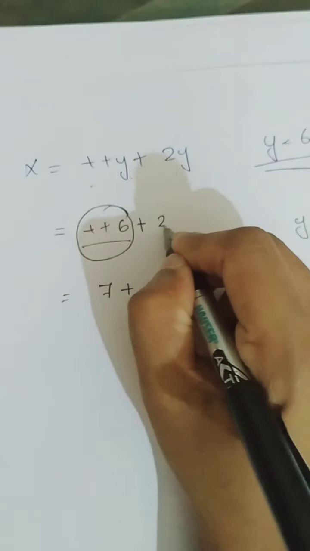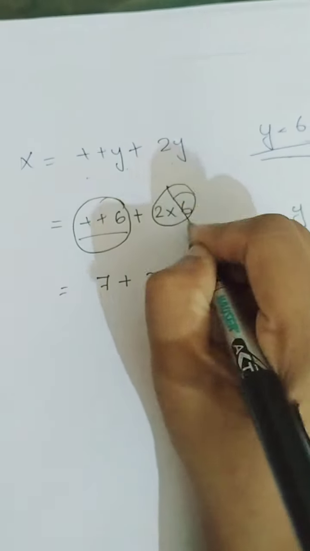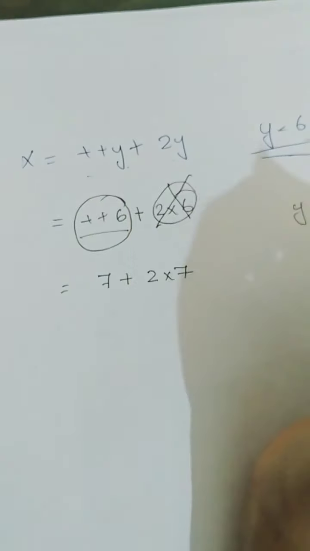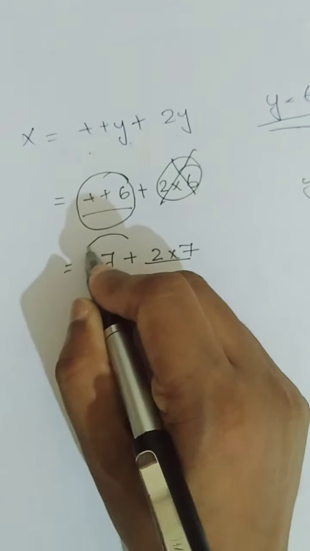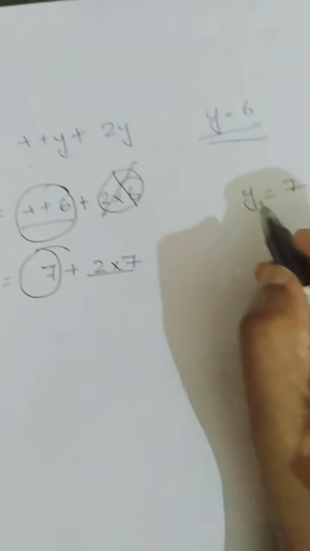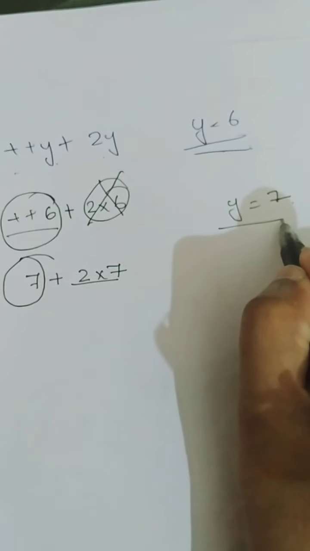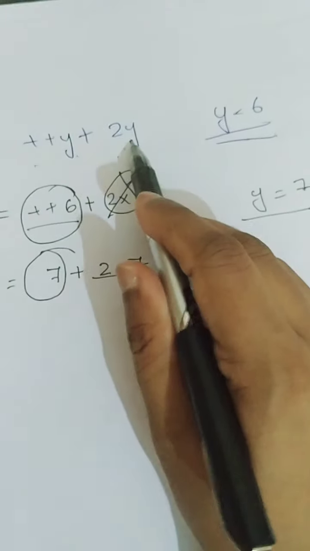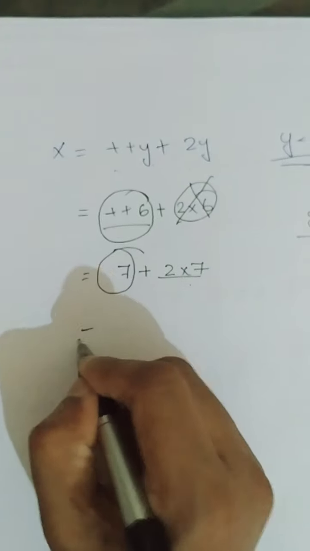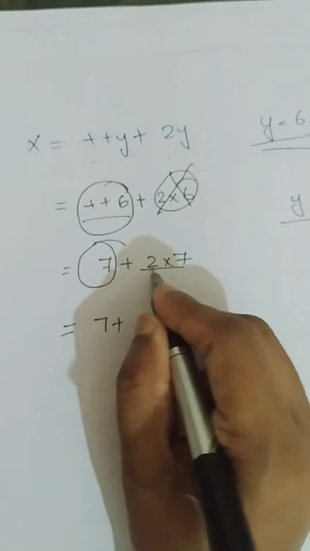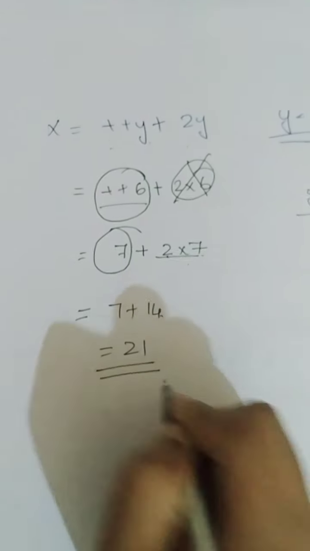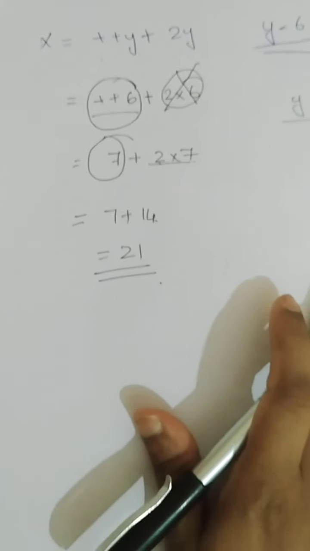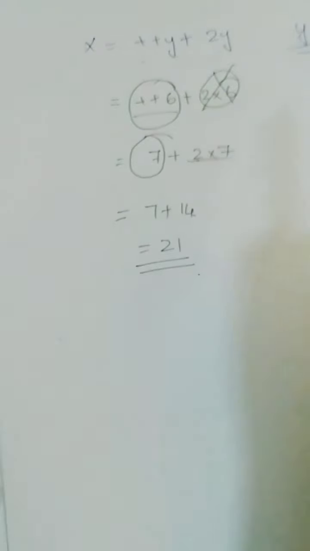Don't write 2 into 6. It is wrong. You should write 2 into 7, because after this expression y's value becomes 7. So your value becomes 7 plus 2 into 7, 14, is equal to 21. Clear?